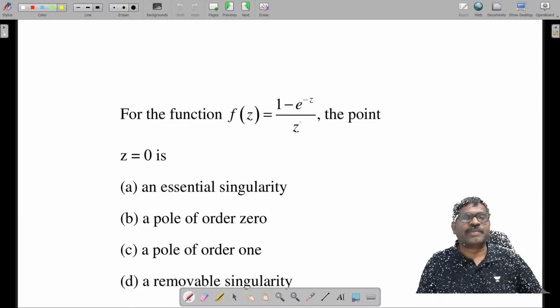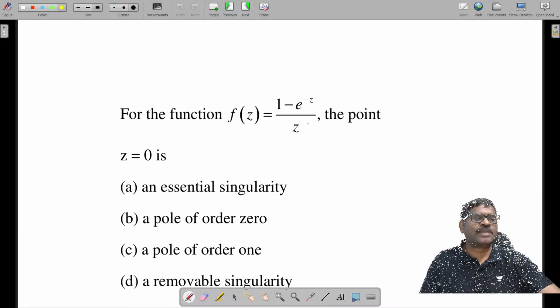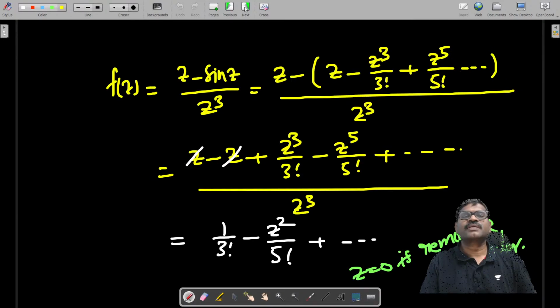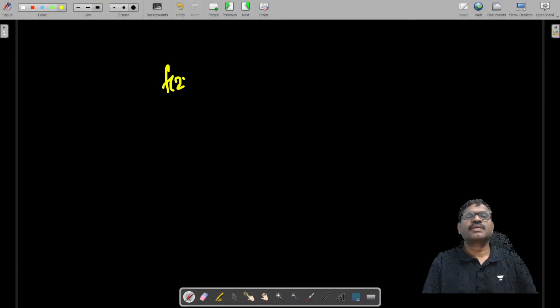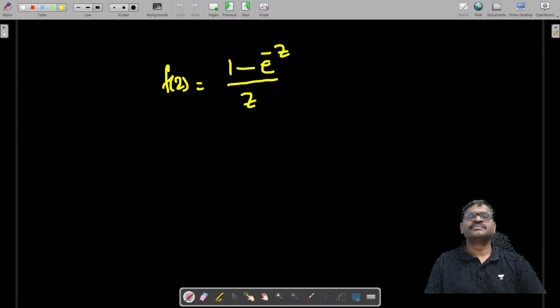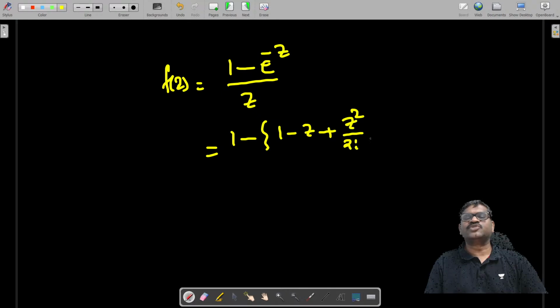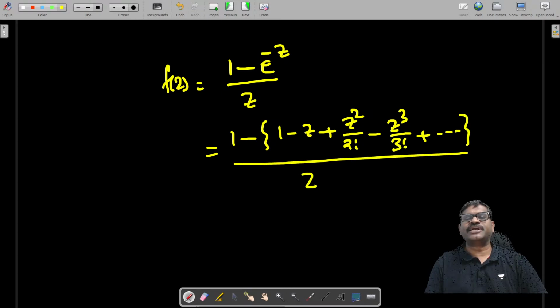1 minus e power minus z by z. 1 minus e power minus z by z is 1 minus, 1 minus z plus z square by 2 factorial minus z cube by 3 factorial and so on, by z.